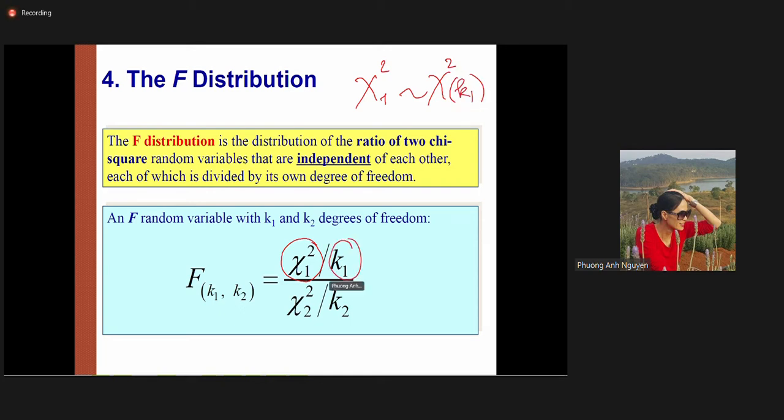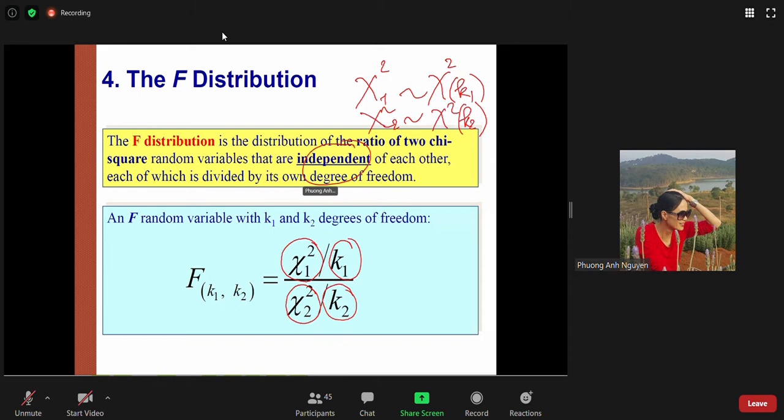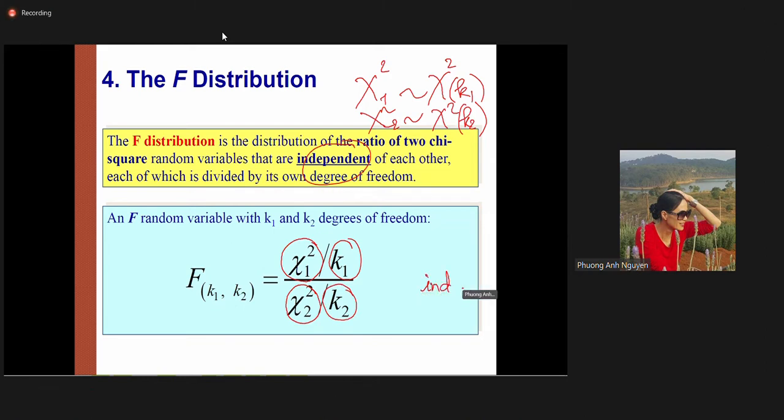For the notation, chi2 squared follows a chi-squared distribution with k2 as degree of freedom, and they are independent. Very often we assume that the individual random variables are independent.